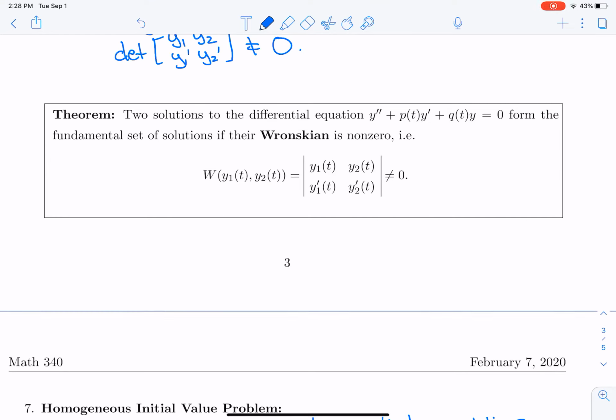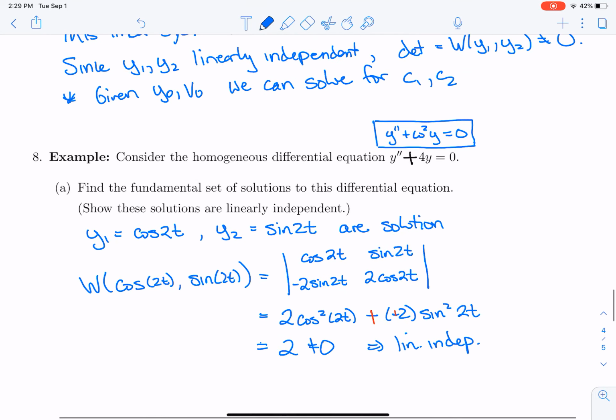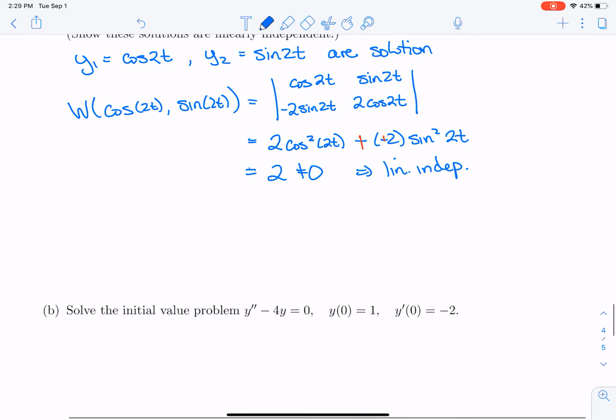I'm going to mention that this Wronskian is not equal to 0 for some time. It only has to be one. It doesn't have to be all t. Okay, so not necessarily all t. But it just so happens in this case that the Wronskian was not 0 for all time.